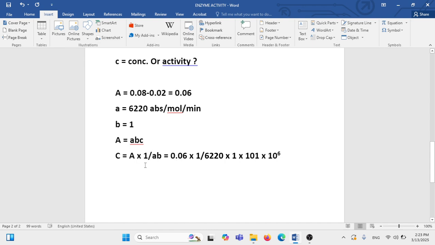Now this is the final value: C equals A times 1 by AB. A is the change in absorbance, 0.06 per minute. Then 1 divided by a, the molar absorptivity, and b, the path of light, multiplied by the dilution factor, and the whole multiplied by 10 to the power 6 to convert absorbance per mole to absorbance per micromole, for reporting in IU per liter.